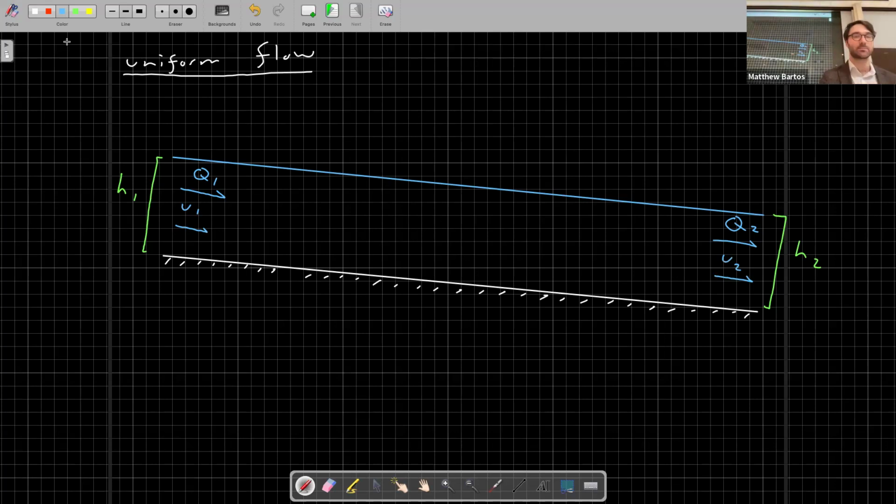Let's write that out explicitly: H1 is equal to H2, Q1 is equal to Q2, and U1 is equal to U2. This is from the definition of uniform flow. All of these quantities have to be equal for the case of uniform flow. This will not always be the case, but for uniform flow, all of these quantities will be constant throughout the channel.